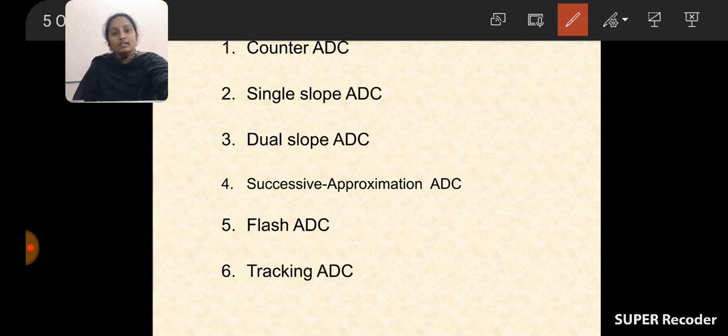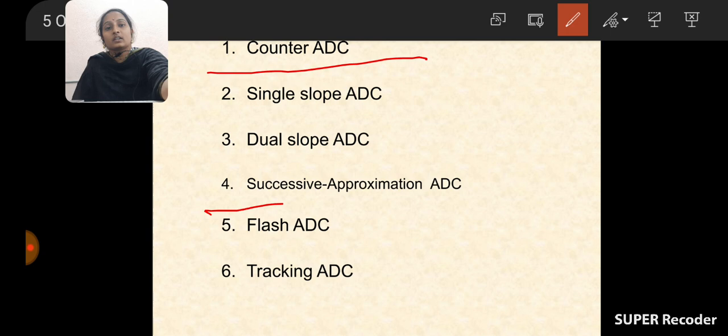But among the 6 converters, our syllabus has only 2: counter type A to D converter and successive approximation type A to D converter.